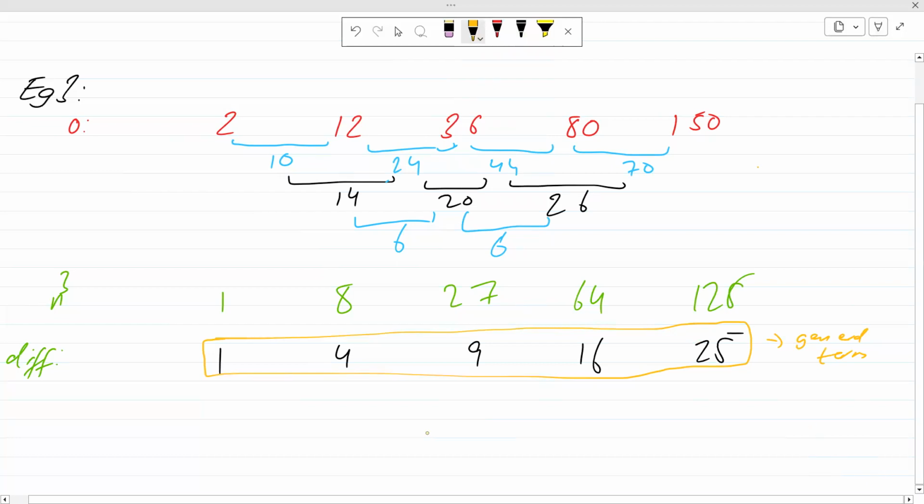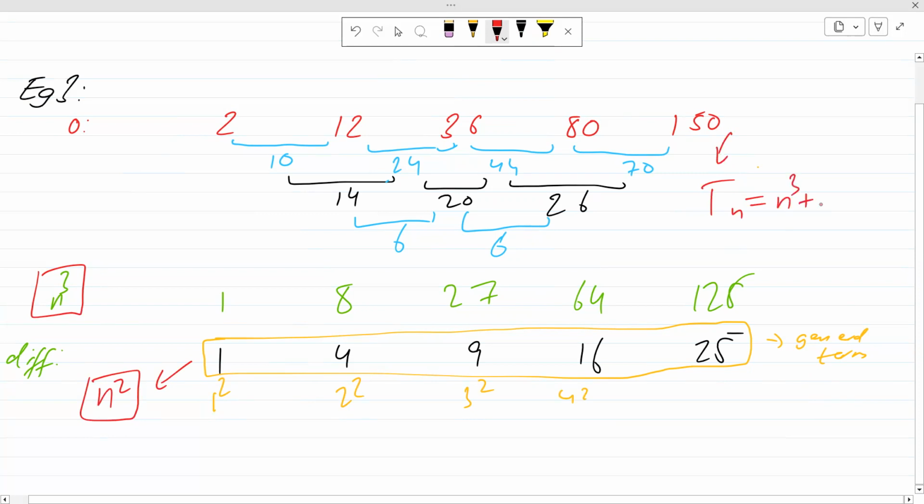Exactly, because this is 1 square, this is 2 square, 3 square, 4 square. So that means this is n square. So you just combine them, n cube and n square. So the general term formula for this sequence is n cube plus n square.